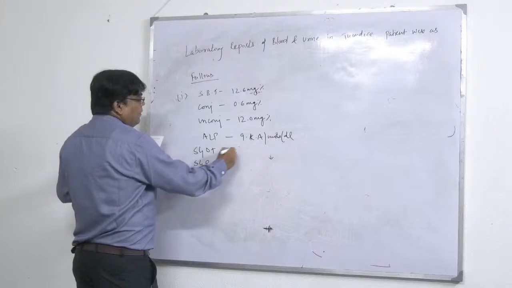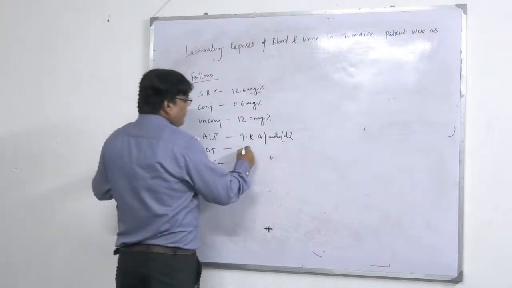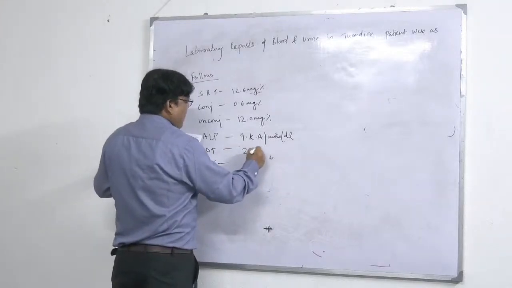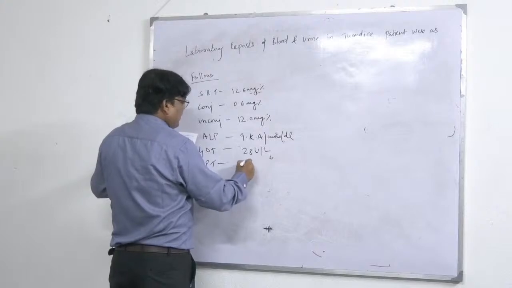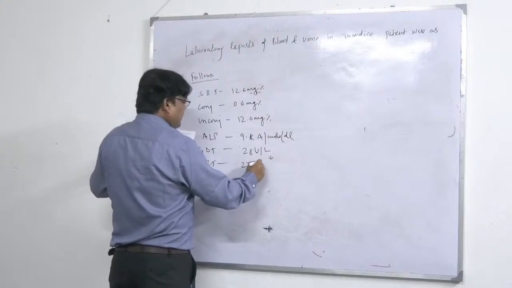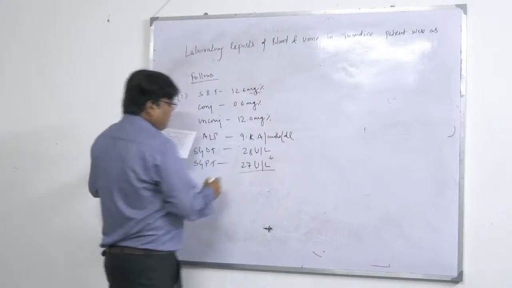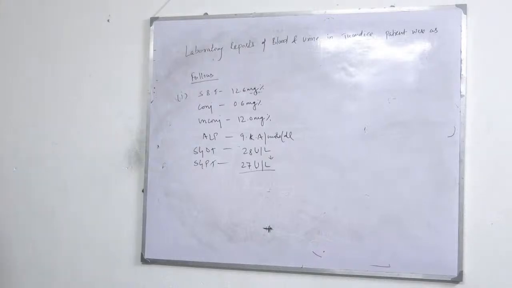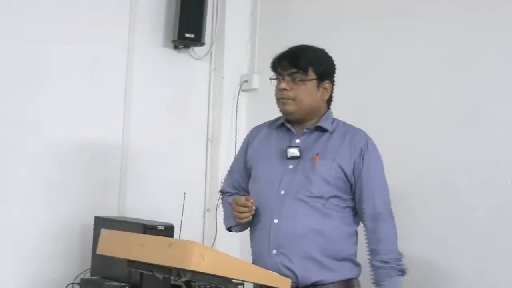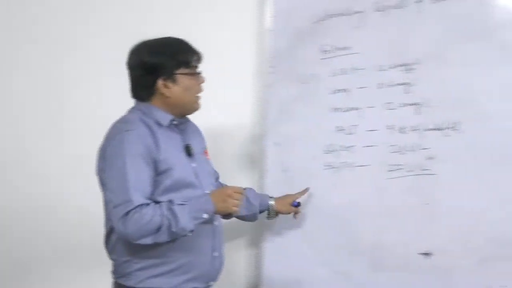What is the full form of SGOT and SGPT? Very good. Transaminases. Transaminases are a special class of enzymes. What is the function of these transaminase enzymes? Transfer of amino groups. Okay. And these are our blood reports.